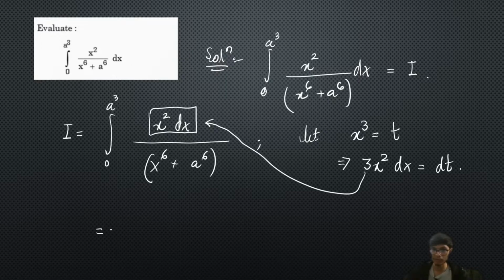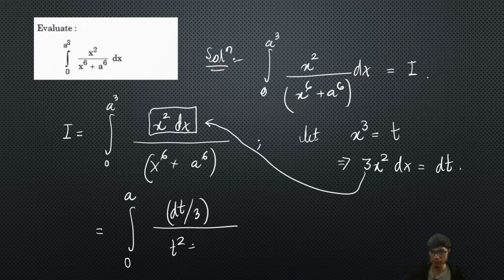Now for the limits, t is going from 0 to a, instead of 0 to a cube. So the integrand becomes dt upon 3, and the denominator is t squared plus a to the power 6.